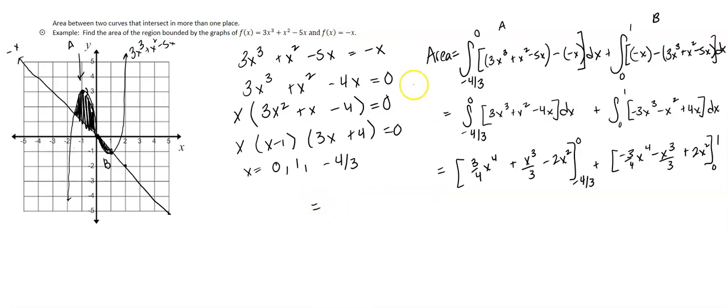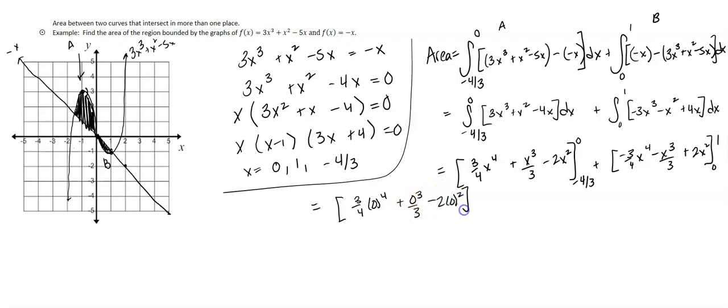So now I just have to plug all of this in. So we'll have 3/4 times 0 to the 4th plus 0 cubed over 3 minus 2 times 0 squared. I wonder what that's going to be. Minus 3/4 times negative 4/3 to the 4th plus 1/3 times negative 4/3 cubed minus 2 times negative 4/3 squared.